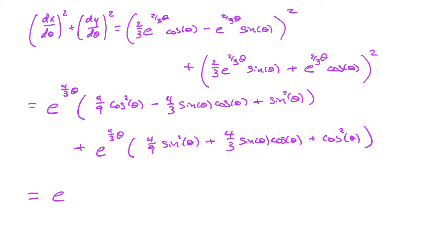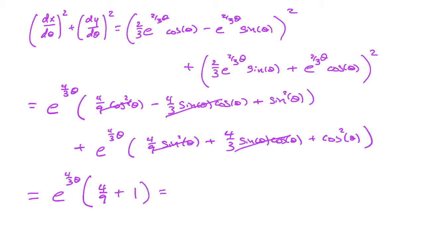So now again, factoring out that e to the 4/3 theta from both of those terms, our 4/9 cosine squared plus our 4/9 sine squared combine to give us a 4/9. The minus 4/3 sine cosine plus 4/3 sine cosine terms cancel out, and then our sine squared plus our cosine squared just gives us 1.